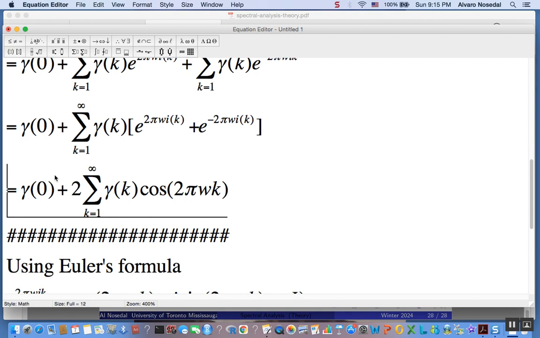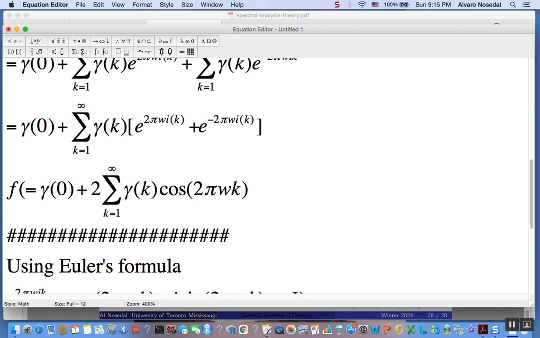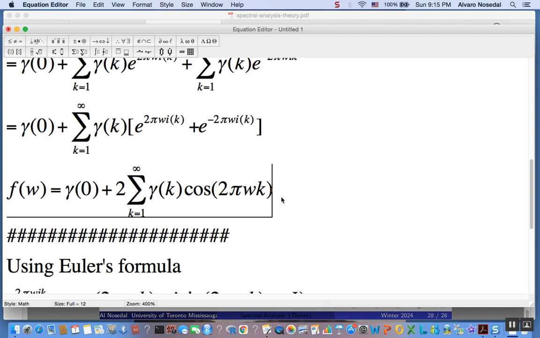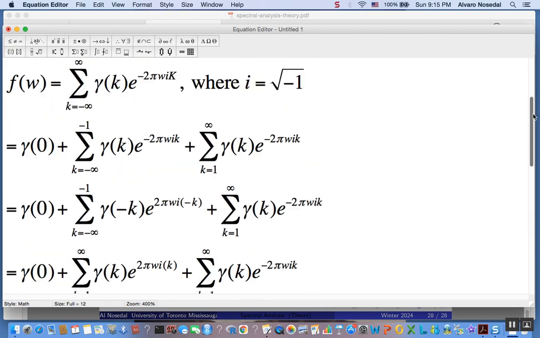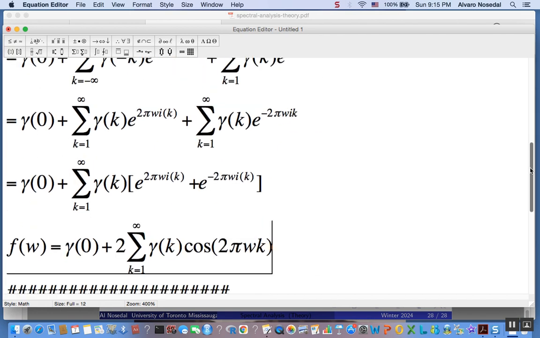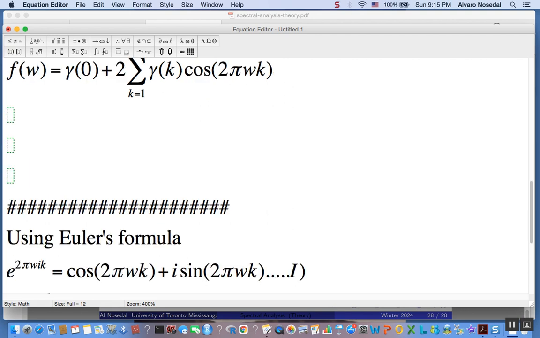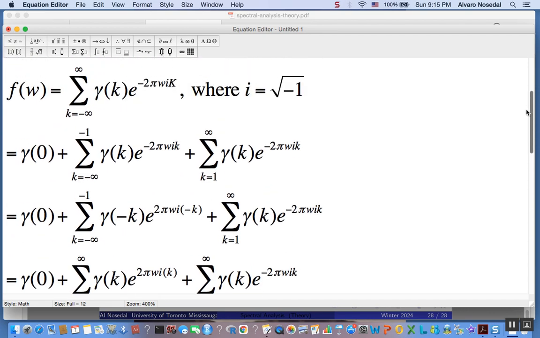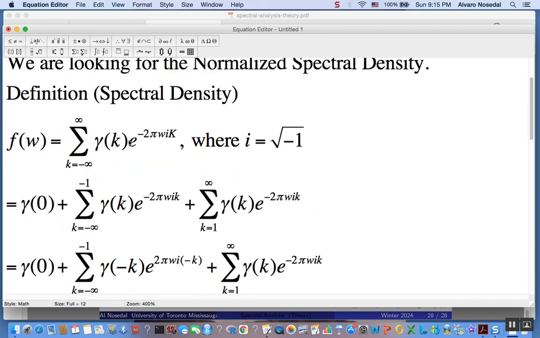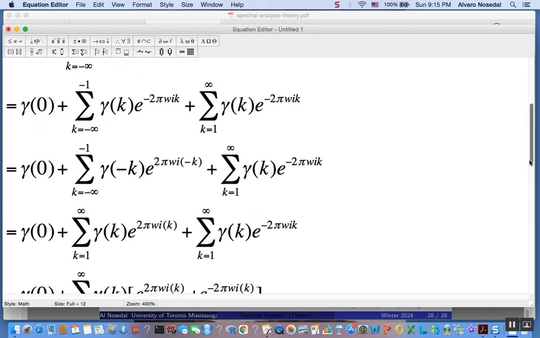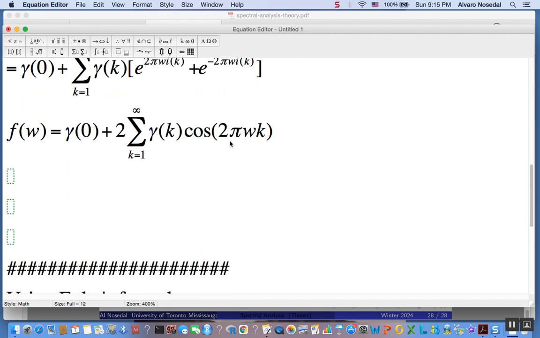So that would be F at W, the normalized density. Okay, so that's the alternative formula for the normalized density. Okay, so let's talk about the, I'm sorry, this is just the spectral density, the regular spectral density. So you could find it like this. This is the definition. This one here is an alternative formula.